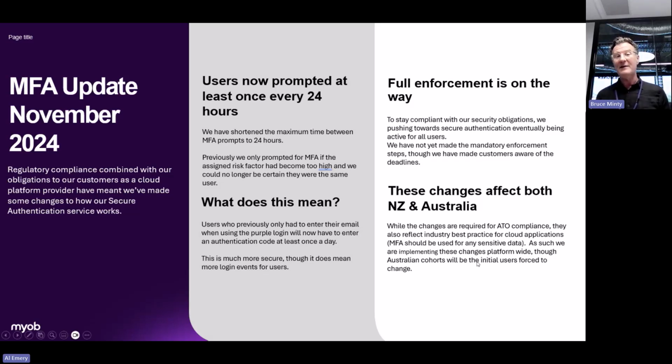To achieve that outcome, we commenced a communication plan back in July right through to September. Those here today would have noticed some communications in the form of emails and also in-product messaging to get those priority cohorts using multi-factor authentication.